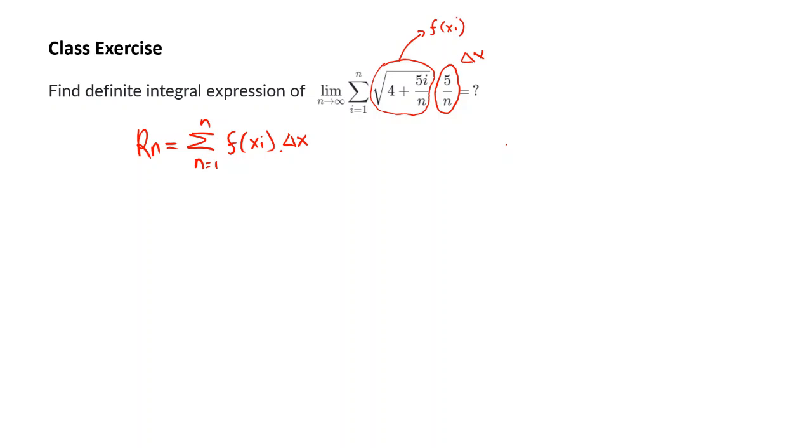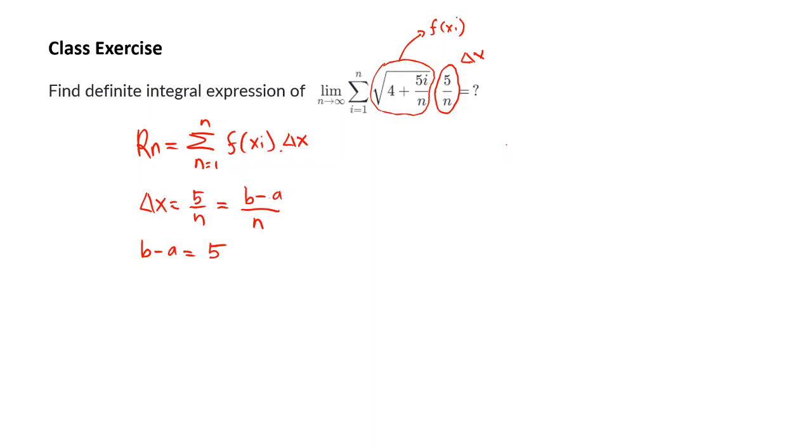So we know that delta x equals 5 over n, which is equal to b minus a over n. So we know that b minus a equals 5. The second one is a little bit hard, so we need to guess.